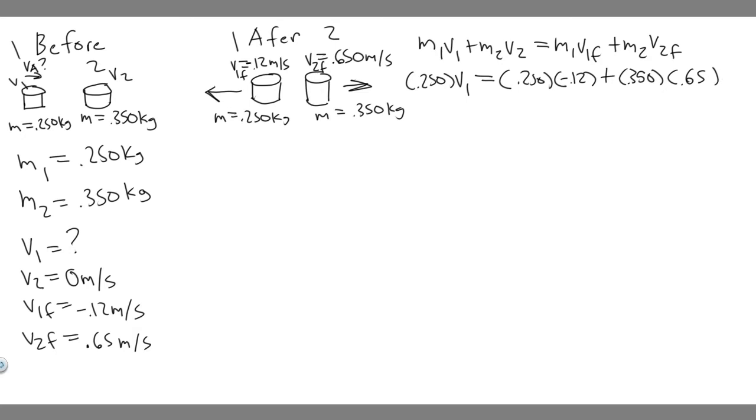Now v1 is by itself, so we can solve for it. Go ahead and plug this into your calculator: 0.250 times minus 0.12, and then add that to 0.350 times 0.65.